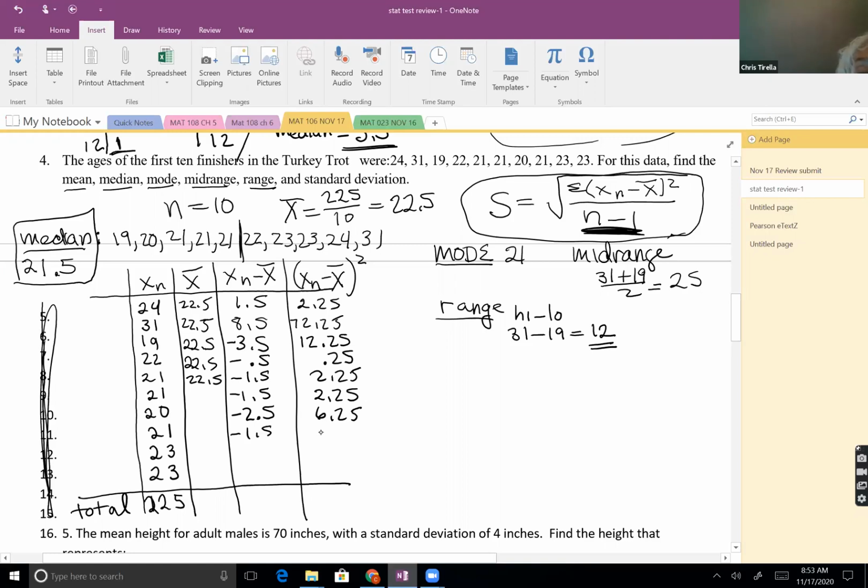21 we already did. Negative 1.5 squared is, I apologize, 2.25. 23 minus 22.5 would be 0.5. Squared is 0.25. And the next 23 is also 0.5 squared, gives me 0.25.